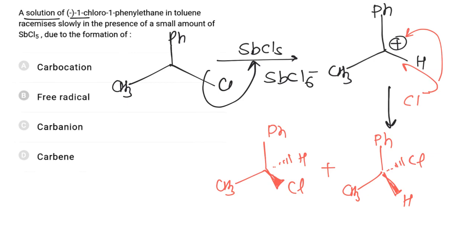There is equal possibility of attack of Cl negative from front and backside. So enantiomers are formed in equal amount. So we are getting a racemic mixture, and formation of racemic mixture confirms presence of carbocation, and hence correct answer is A.